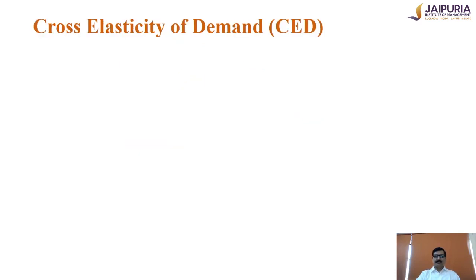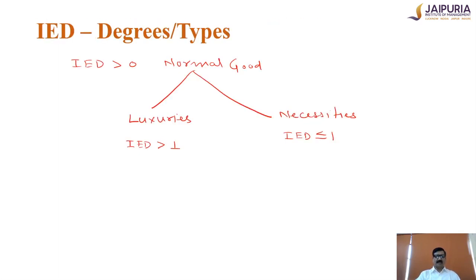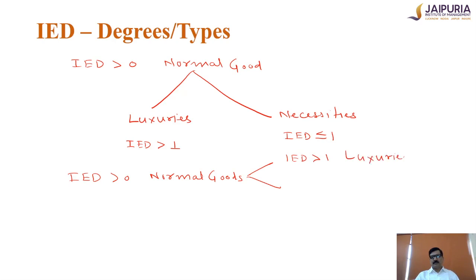Just to summarize, if IED is positive, it is normal goods. Within normal good, there are two categories. IED is greater than 1 for luxuries and IED is less than or equal to 1 in case of necessities.